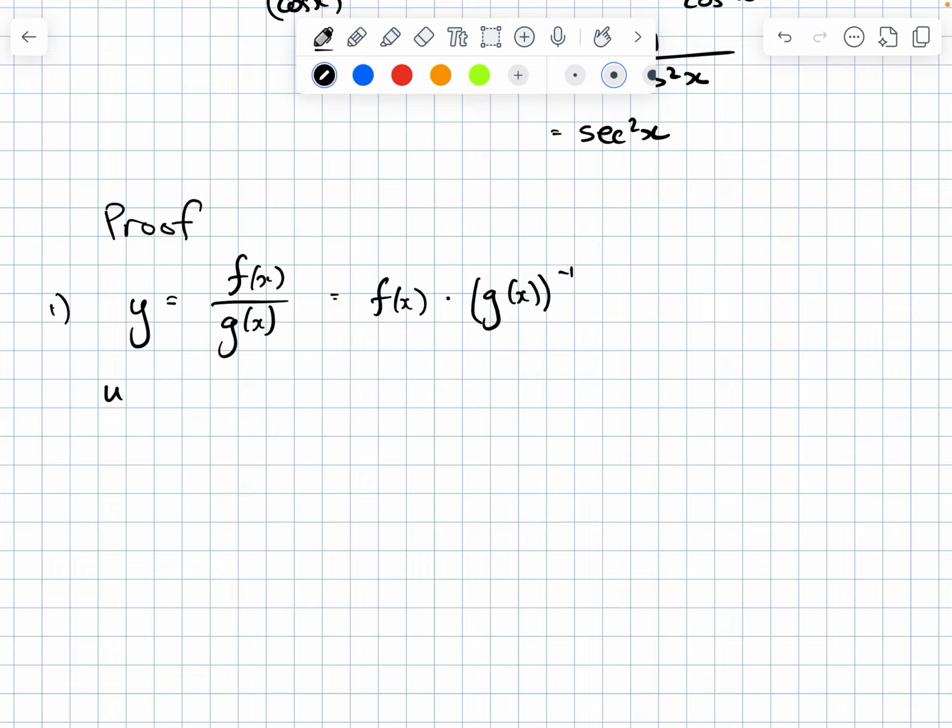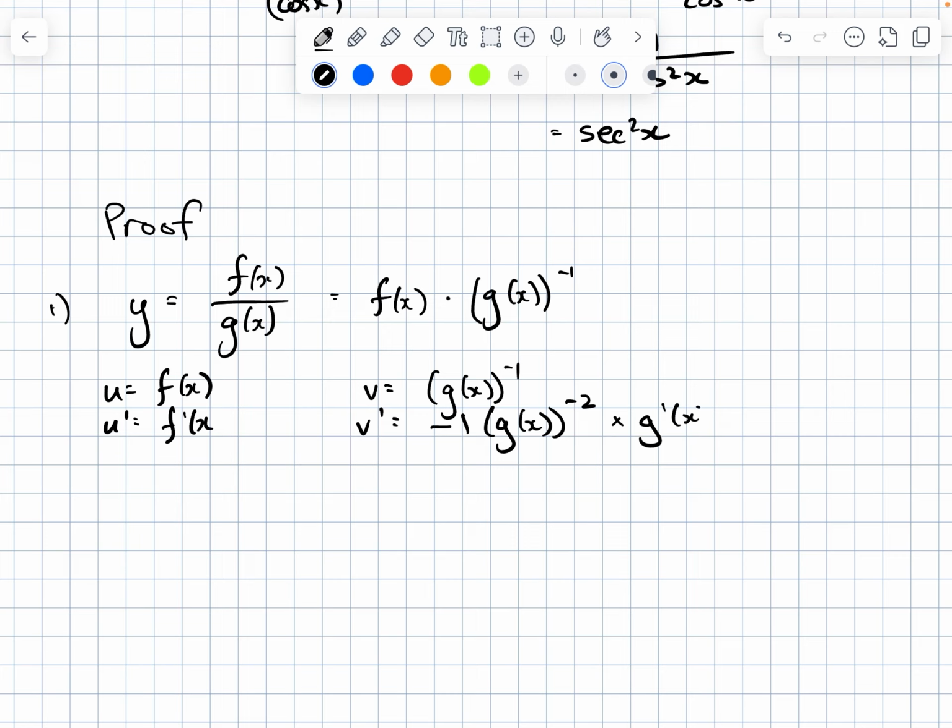So that means that u is f(x), so u dash is f dash x, v is g(x) to the power negative 1, so v dash is you bring the power in front, you rewrite the bracket, you reduce the power by 1, and times by the derivative of the bracket, g dash x, which simplifies to negative g dash x all over g(x) to the power 2.